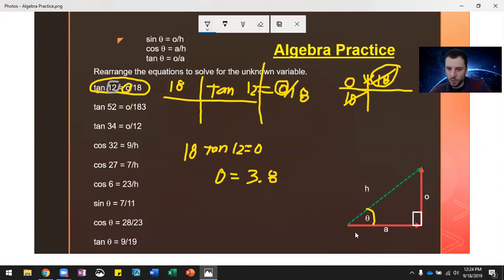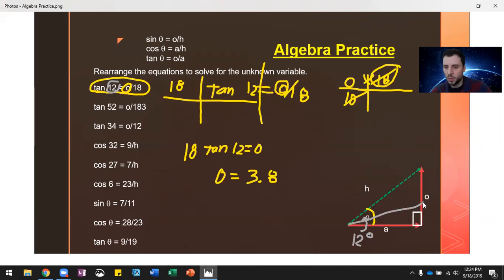There we go. Just write that here, 12 degrees. And our opposite side, we just calculated that. And so what's the opposite side of the triangle? What's the side directly opposite of our angle? Well, it's right over here.